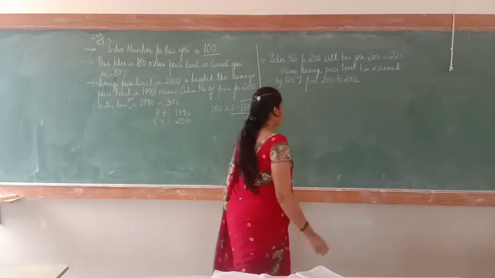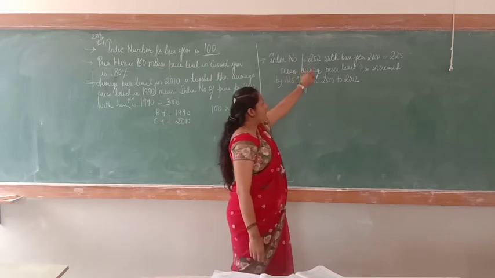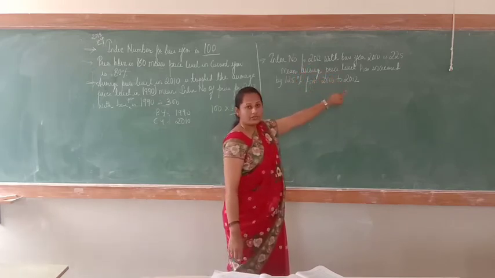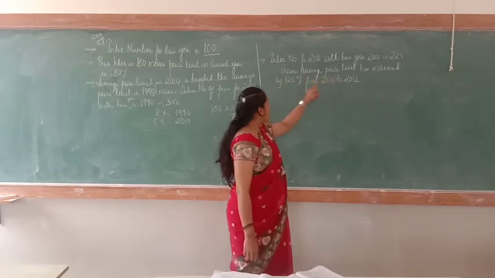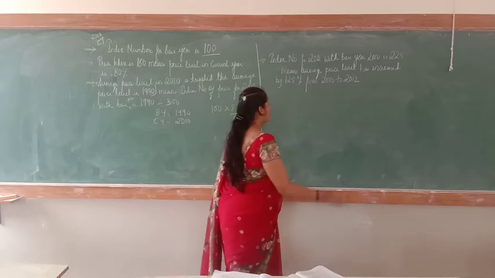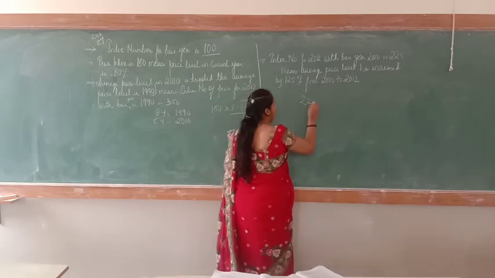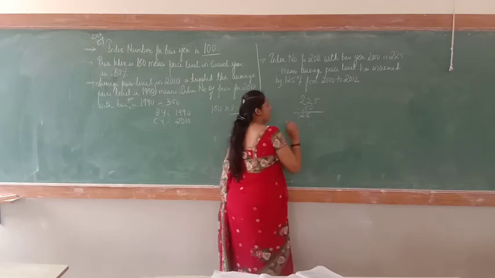Now see here: the index number for 2012 with base year 2000 is 225. It means the average price level has increased by 125%. So 225 minus 100 remains 125.